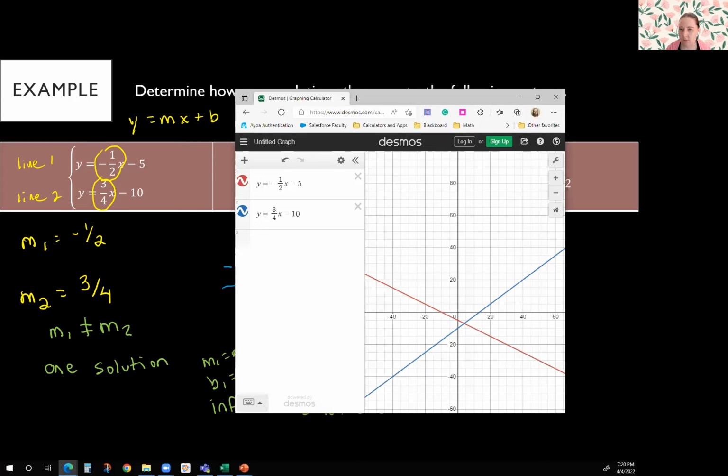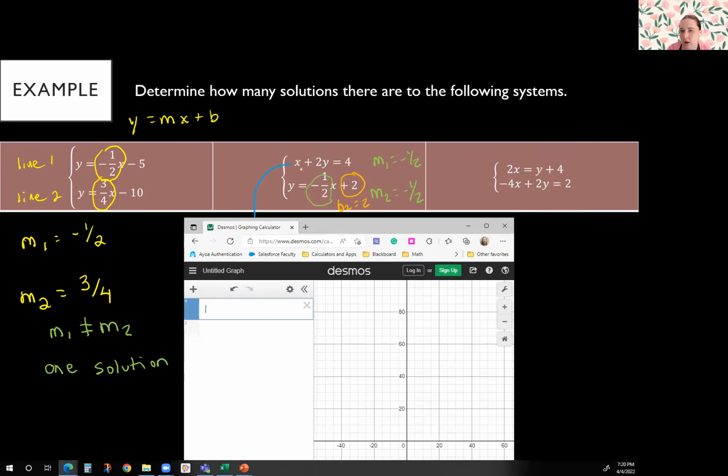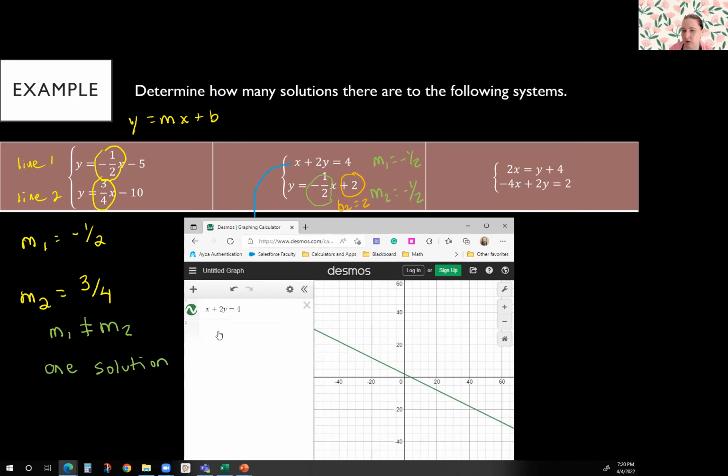So if I go back to Desmos here, our first line is x plus 2y equals 4. That's the green line. And then I'm going to graph our second one, y equals -1/2 x plus 2. And that's the purple line.